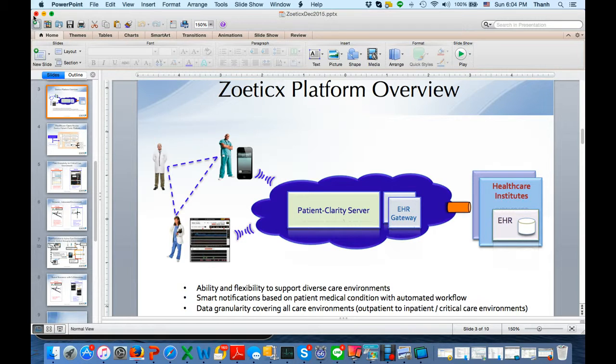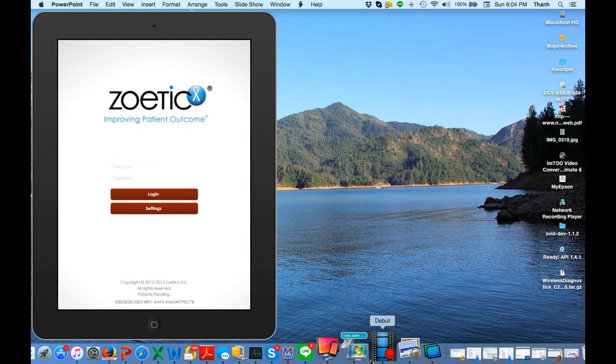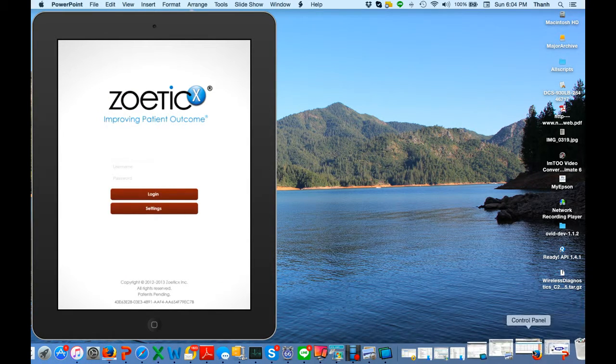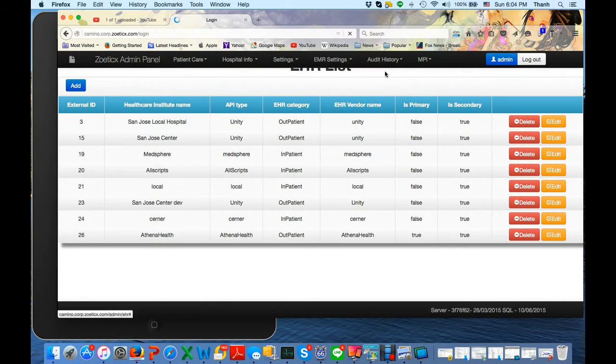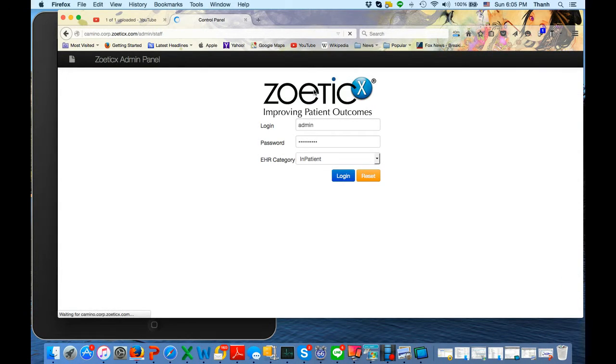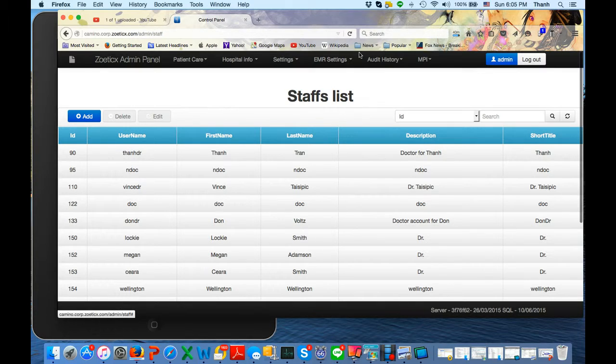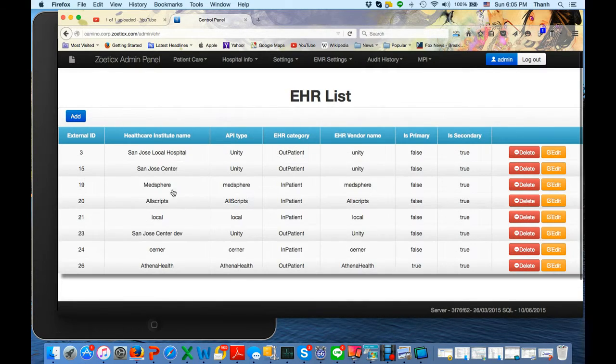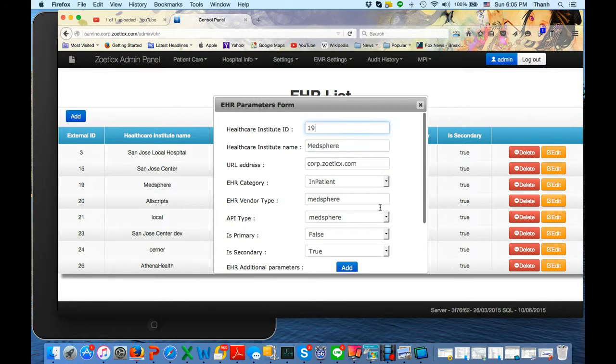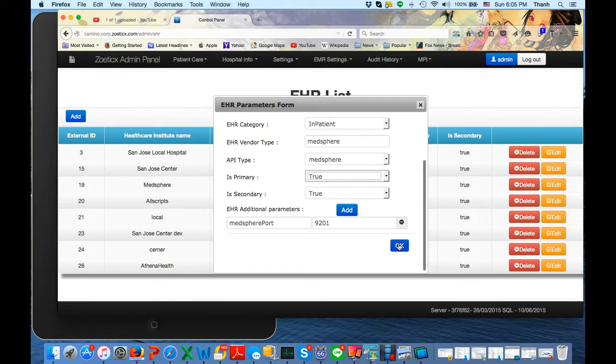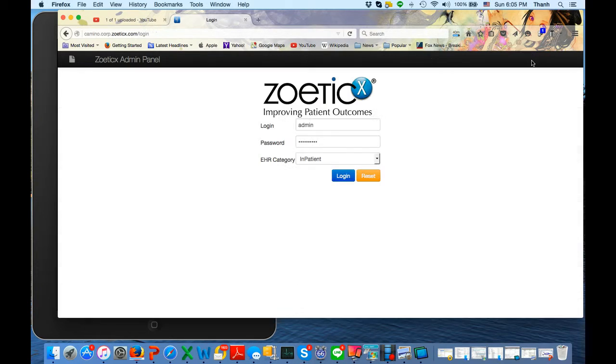So let's set up the system and see how easy the setup would be. I am now going back to here and logging back in. I'm now telling the system to behave like it's connecting to a Vista system.